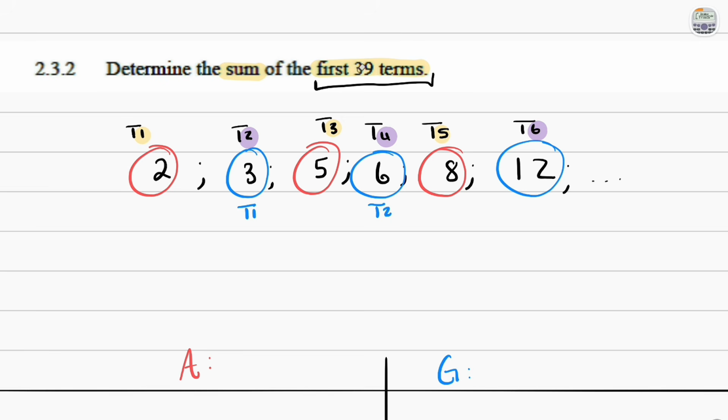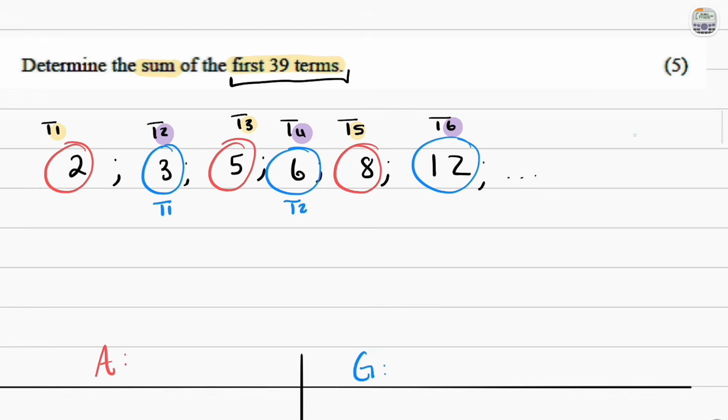We know that this ends at exactly 39 terms. So it means that term 39 is an odd number. So this means that it's not going to belong to the geometric pattern because the geometric pattern has even term numbers, 2, 4, 6. So that is going to end on an arithmetic term value. So that means the previous one, term 38, that would be a geometric.